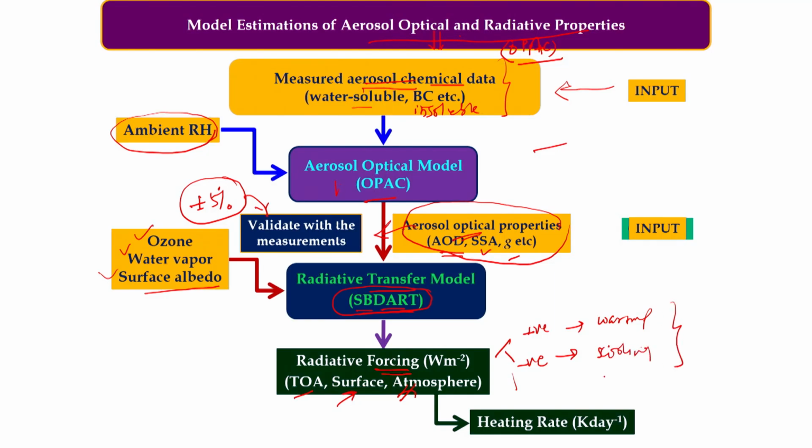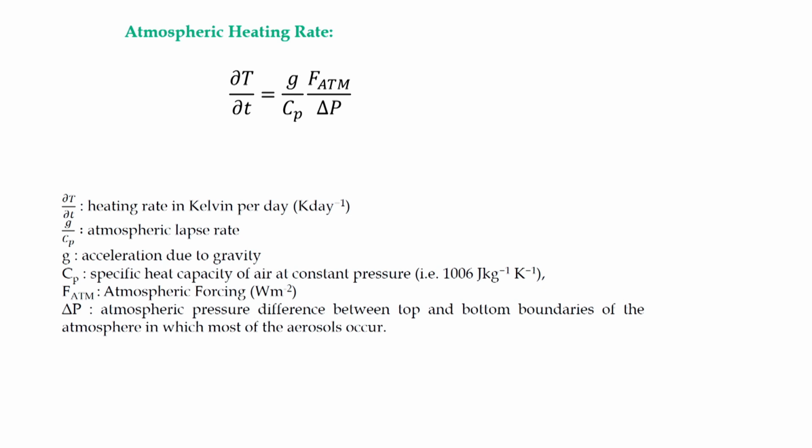Okay. So, you can get these parameters, and with these you can also calculate the heating rate of the atmosphere. That is another very important parameter, and this is how you calculate the atmospheric heating rate. You calculate delta T by delta t, the heating rate in Kelvin per day, t is time actually.